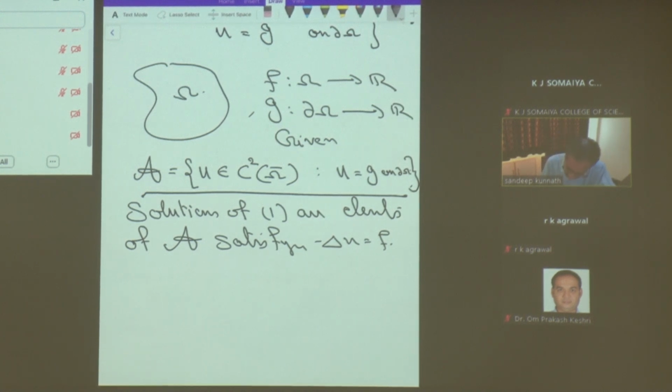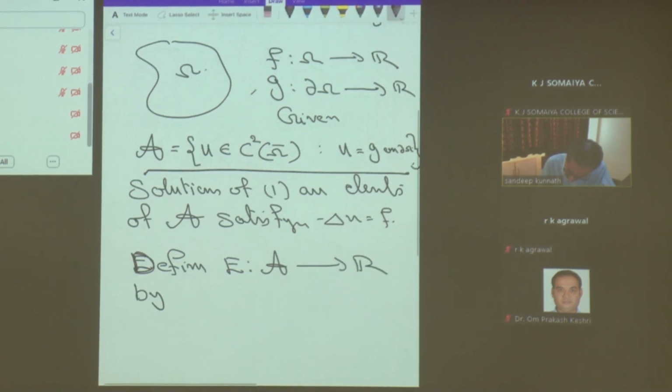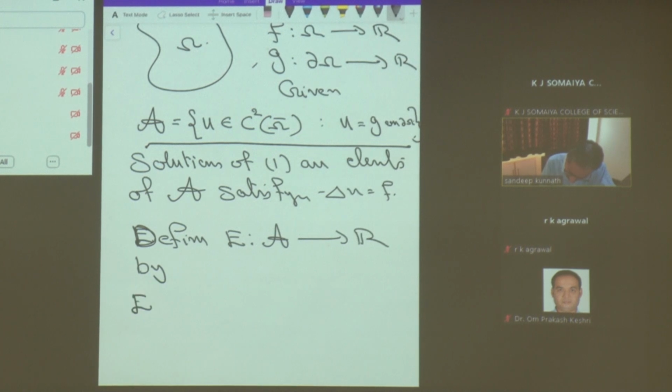Okay. Now I am going to define something called an energy. I am going to call it E, defined from my class script A to R by E of u equal to half of the integral over omega of gradient of u squared, minus the integral over omega of f times u.